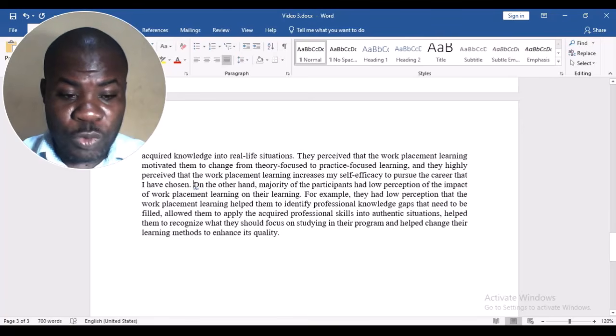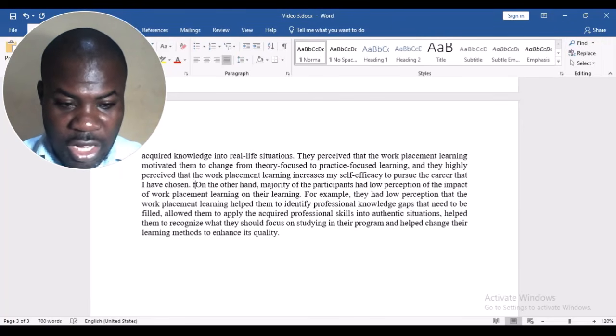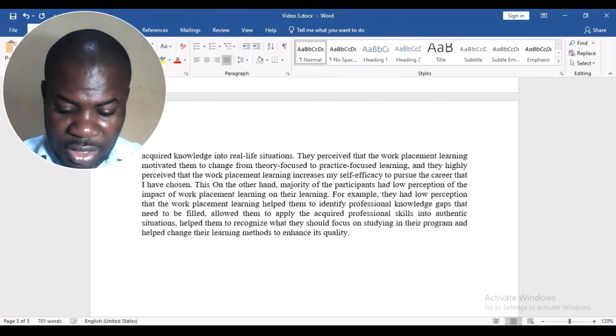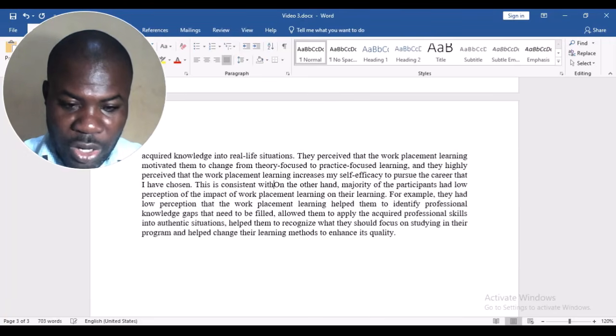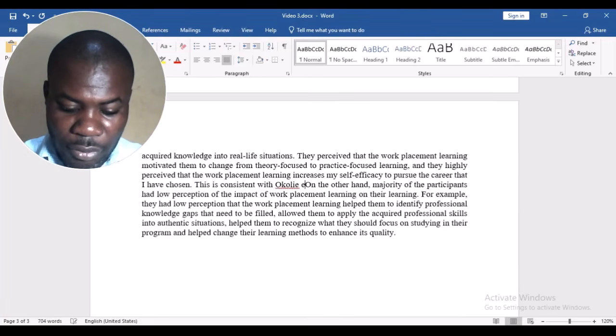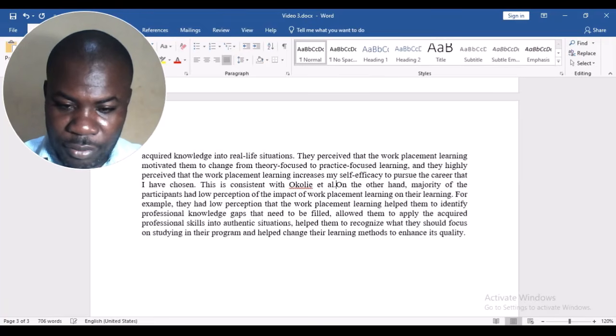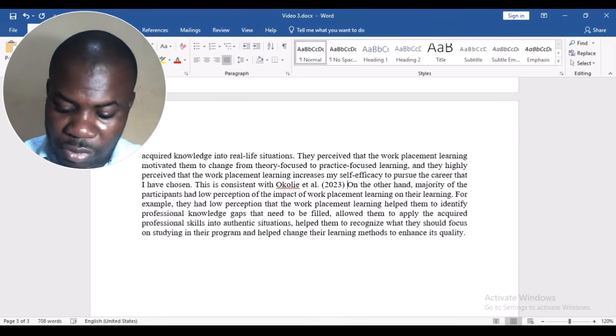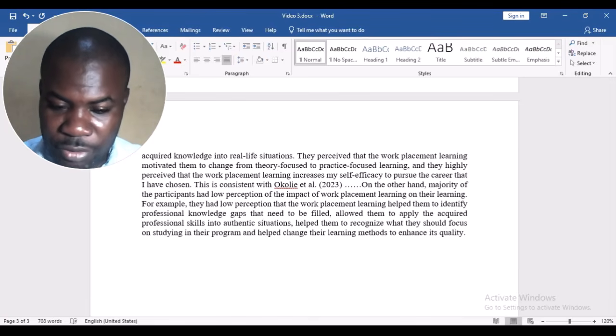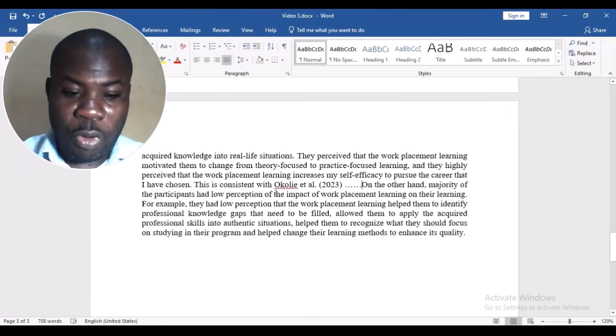For those with higher perception, you can say this is consistent with, say, Atall, 2023, that blah blah blah. You can now take it up from there and support it.